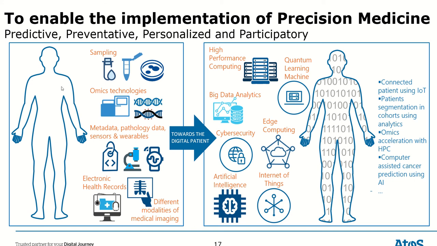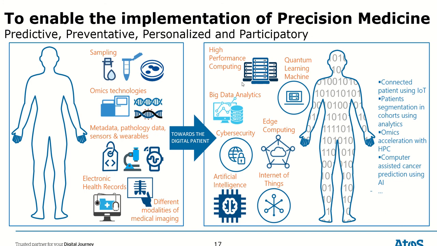So here what we can see is the normal human generating data by different technologies, could be omics technologies, and genomics is only one of them, could be pathology data, sensor and wearable devices, electronic medical records, or different modalities of medical imaging. And here, what we do is to enable all those data to be transformed into actionable insights.